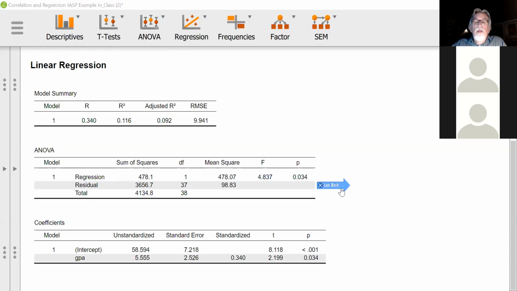We have an intercept, and what are called standardized and unstandardized coefficients. We're going to use the unstandardized coefficient. I'm going to switch over to the overhead for just a second so we can talk about what this shows. Now, remember these values, 58.594 for the intercept. I'm going to write this down so I don't forget.